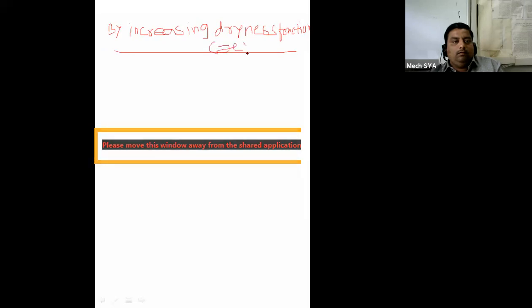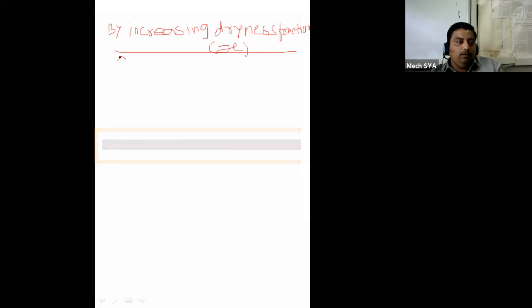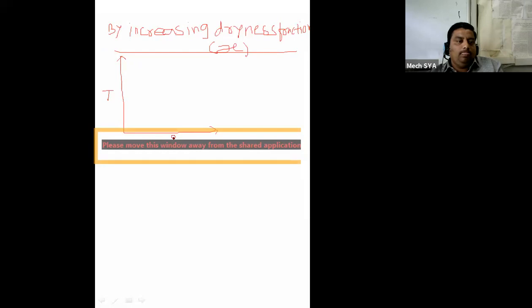Again, we consider two cases. One is a lesser drainage fraction and another is increasing the drainage fraction. Let us consider this T-S diagram.